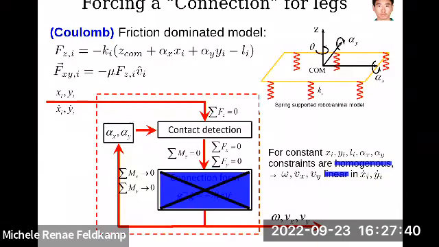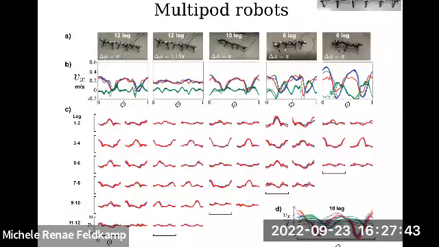That's a good question. Maybe I will go back to this slide, which I sort of skipped through. We have these robots with 6 to 12 legs at 5 speeds.